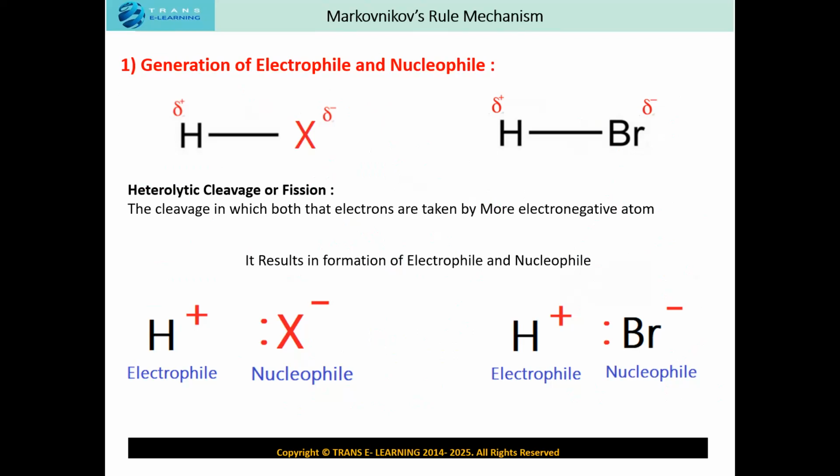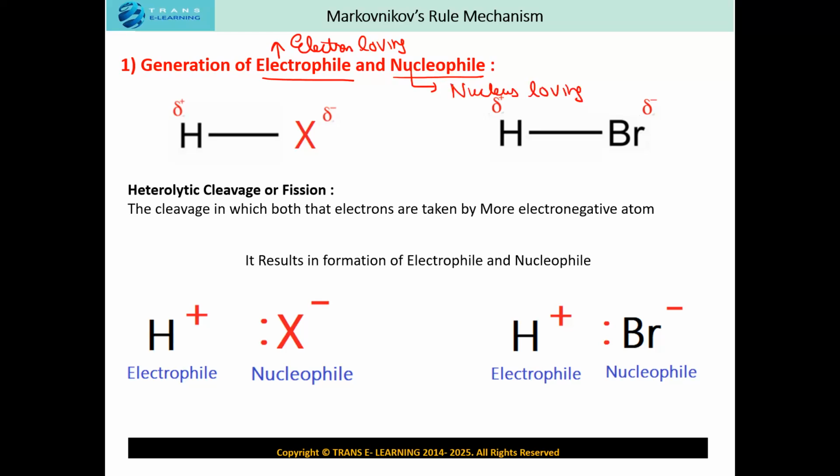Now it's time to understand the mechanism. The first thing in the mechanism is the generation of electrophile and nucleophile. Electrophiles are electron deficient, so we call them electron loving, whereas nucleophiles are nucleus loving.